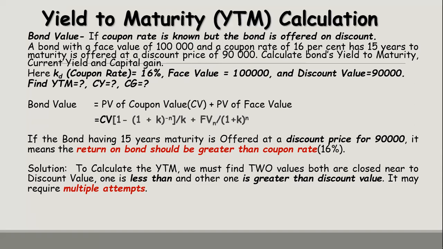In case of a discount value, the return should be greater than the coupon rate. So here we will again calculate the yield to maturity. We must find two values, both closest to the discount value: one less than and one greater than the discount value, meaning one value above 90,000 and one value below 90,000. It may require multiple attempts.